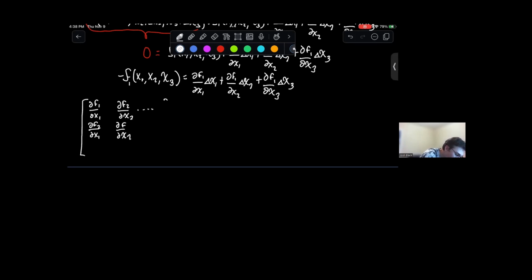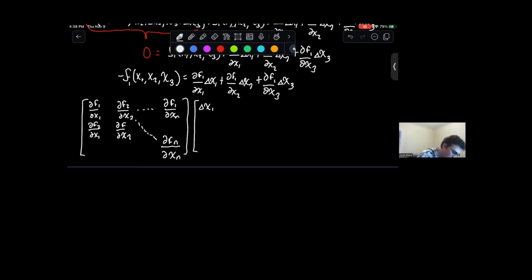We would do this all the way up until we get the derivative of f1 with respect to xn for n order, or our n amount of variables, and then the derivative of fn, n being the final function, with respect to xn. In our case, it would be f3, x3.